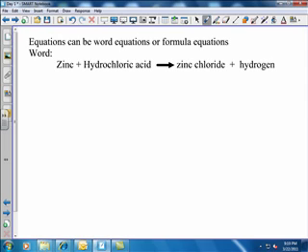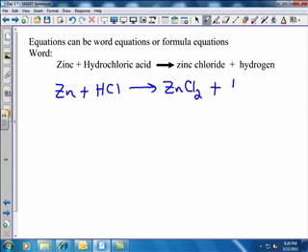So taking zinc, we would write the element zinc, Zn, plus, go ahead and write HCl, hydrochloric acid. That is going to produce zinc chloride plus hydrogen.